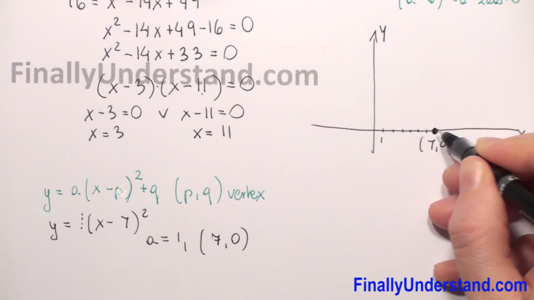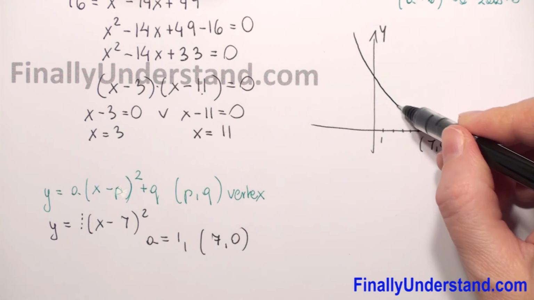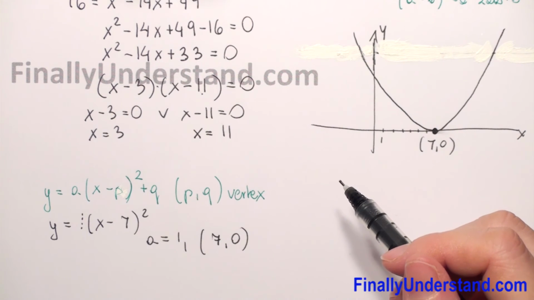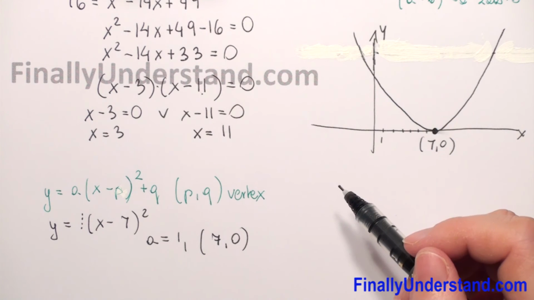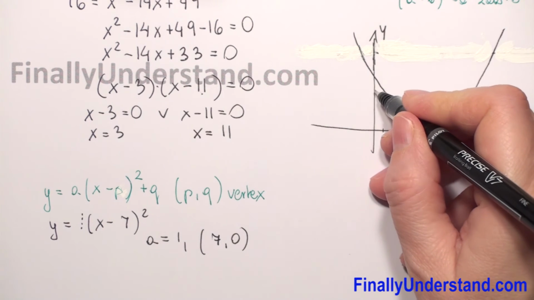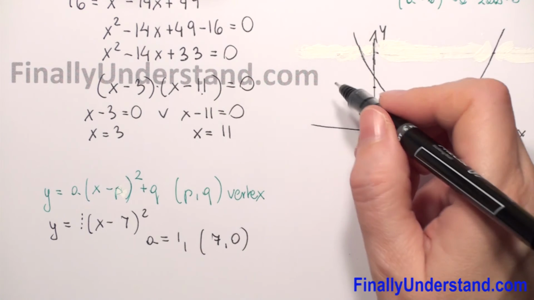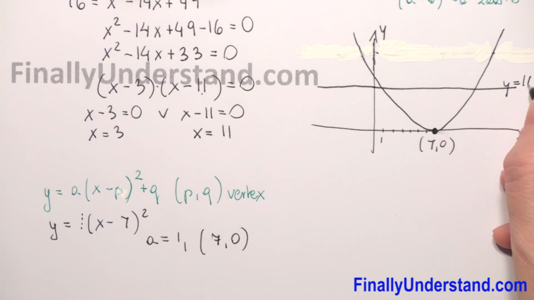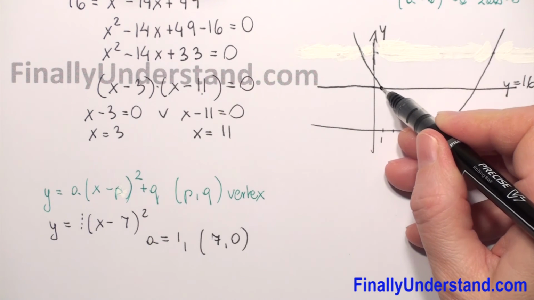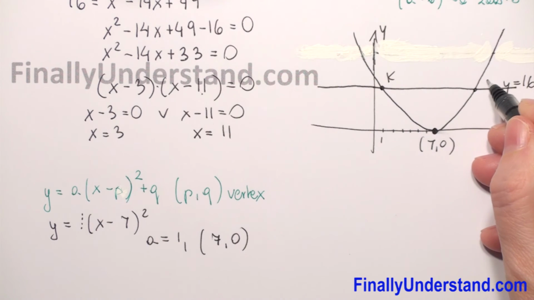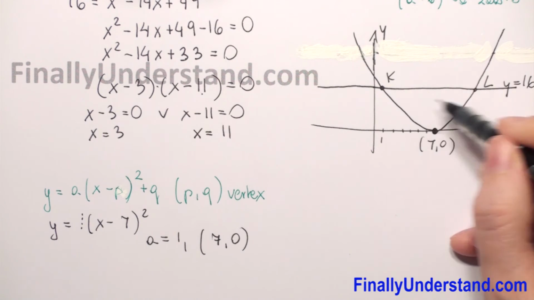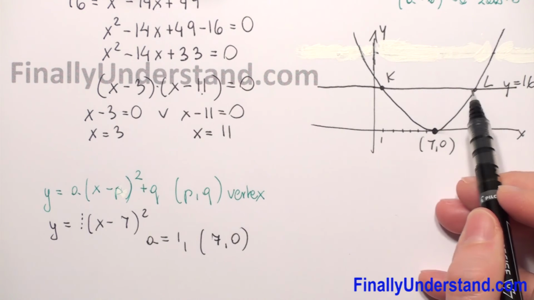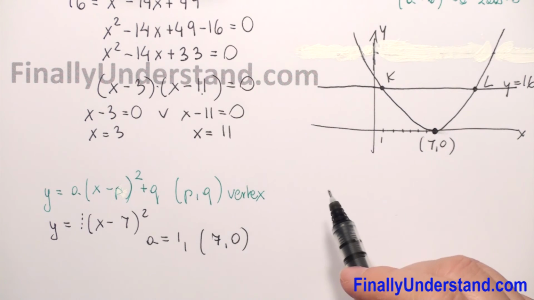Like I said, the parabola opens up, so it's something like this. This is our vertex. And what else? We have that our parabola intersects the line y equals 16. So let's put here approximately 16. So this is our line y equals 16. And this is our point K and point L. We need to find the distance between these 2 points, the length of segment KL.